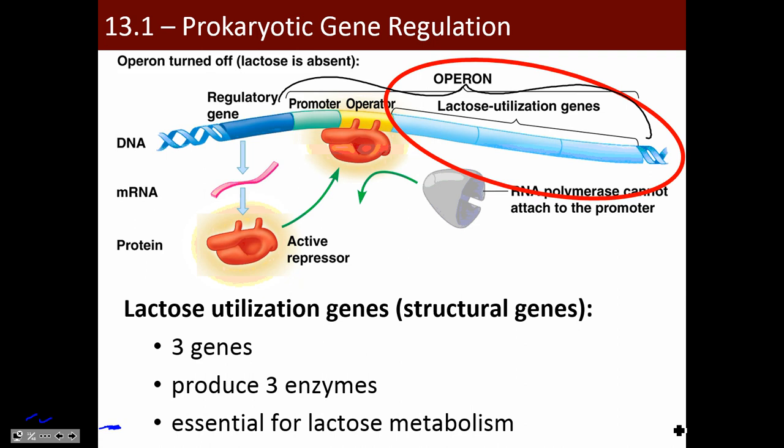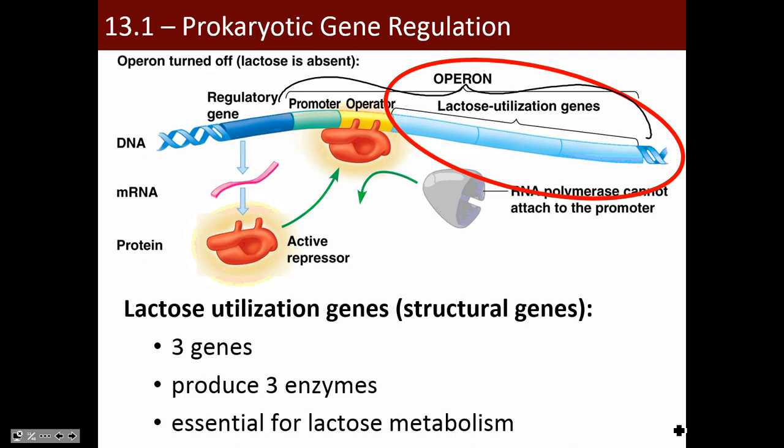The 3 lactose utilization genes are referred to as structural genes, as opposed to the regulatory gene, which makes a regulatory protein. I'm not ever going to test you on that, but that's what's there. These 3 genes produce 3 separate enzymes, and those enzymes do different jobs.